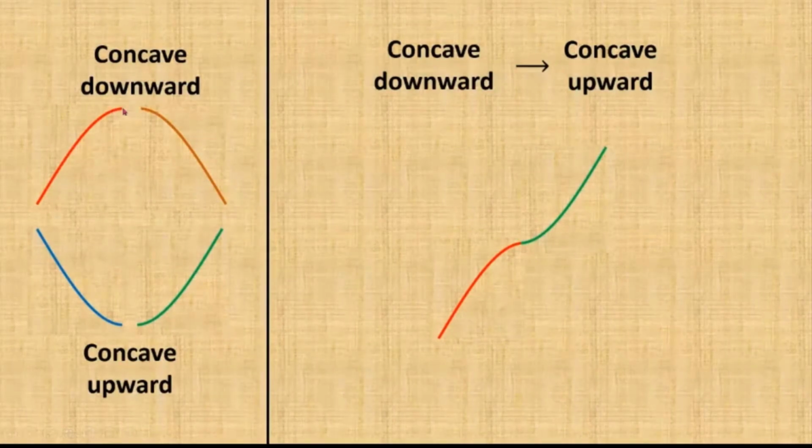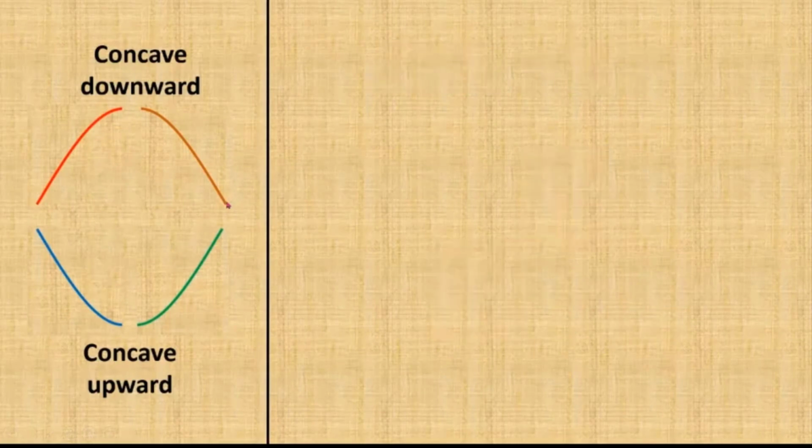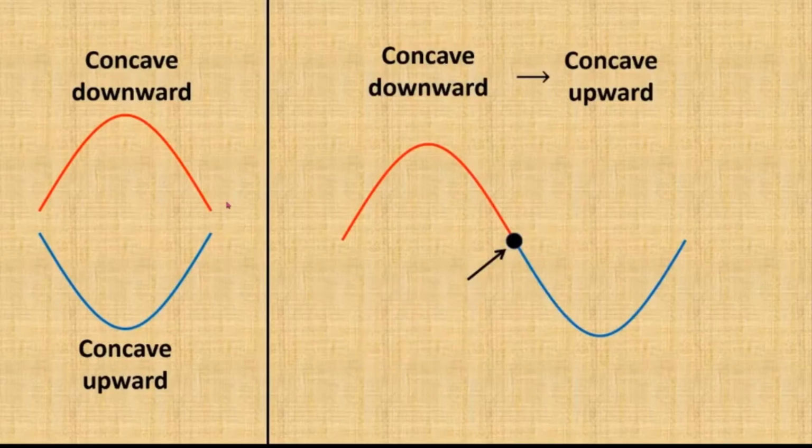When the connection is at the stationary point here, this is the stationary point of inflection. Just now, the connection was at this point, the example, and it is not a stationary point. We'll go back to just now. You see, the connection is at this point.